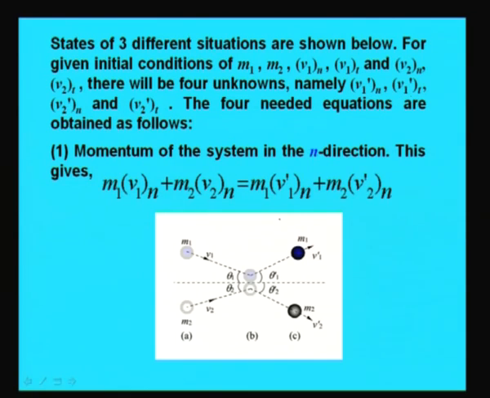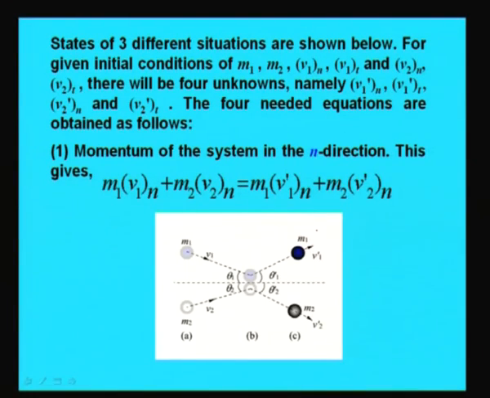Now for given initial conditions of m1, m2, v1n, v2n, there are 4 unknowns. What are the 4 unknowns? We must know the normal components of the velocities of both particles, v1 prime n, and the tangential components are also unknown, v1 prime t, then v2 prime n and v2 prime t.